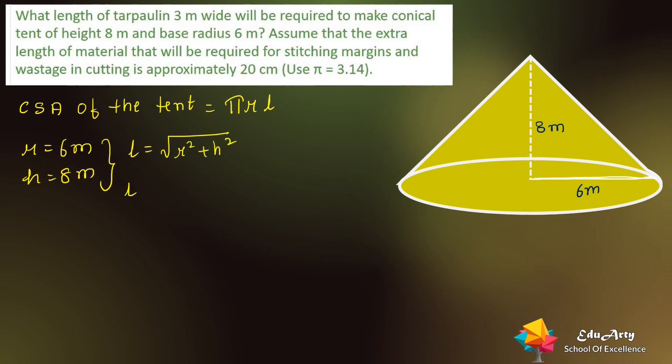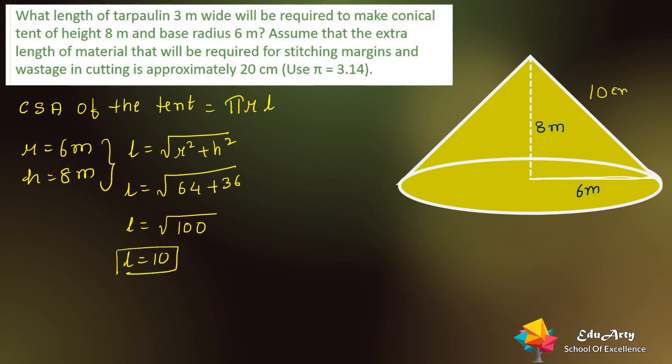So L is equal to root of 8 square, which is 64, plus 6 square, which is 36. So L is equal to root of 100, and so L is equal to 10, correct? So you get your L here. This is your 10 meters. I think now it's very easy. So what can you do further?